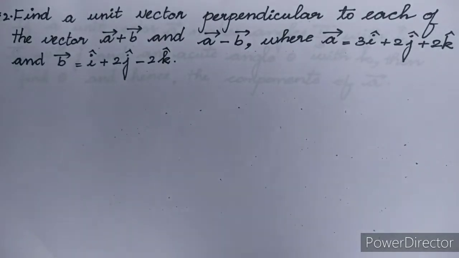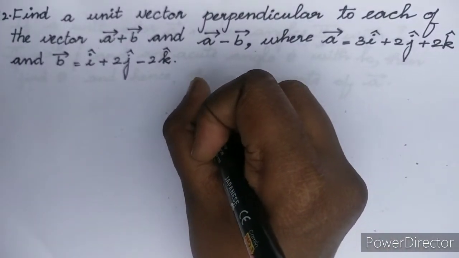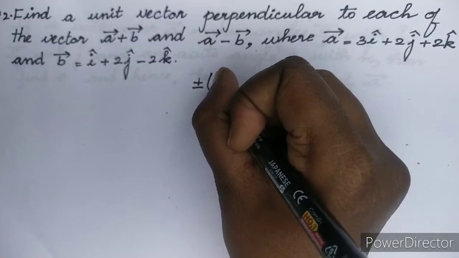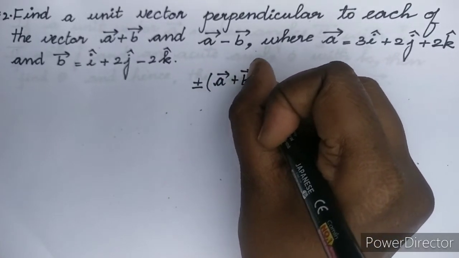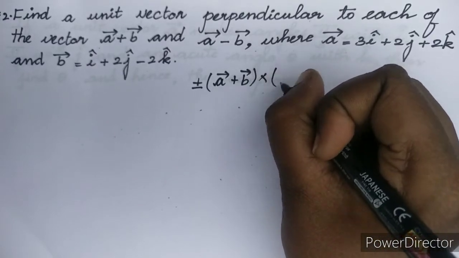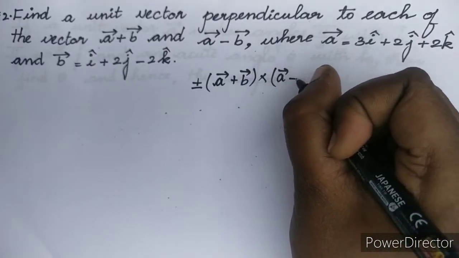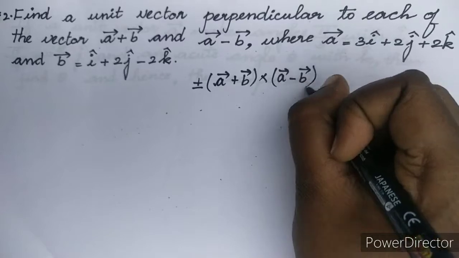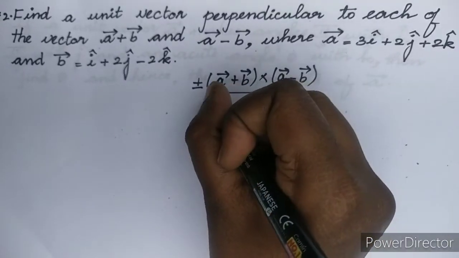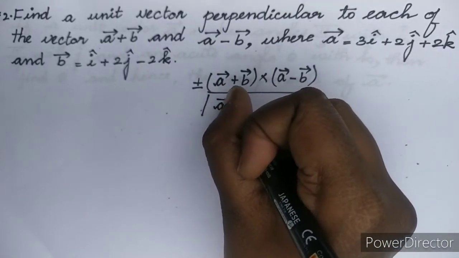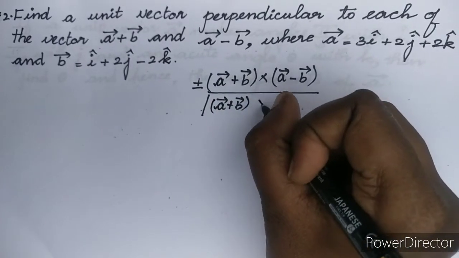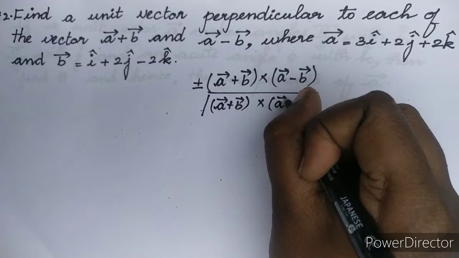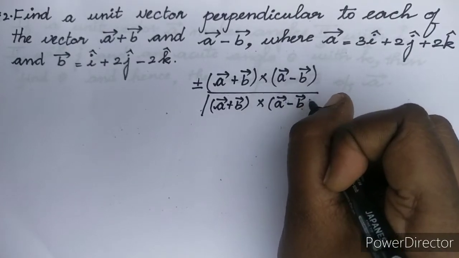So we will have plus or minus A vector plus B vector cross A vector minus B vector divided by magnitude of A vector plus B vector cross A vector minus B vector.